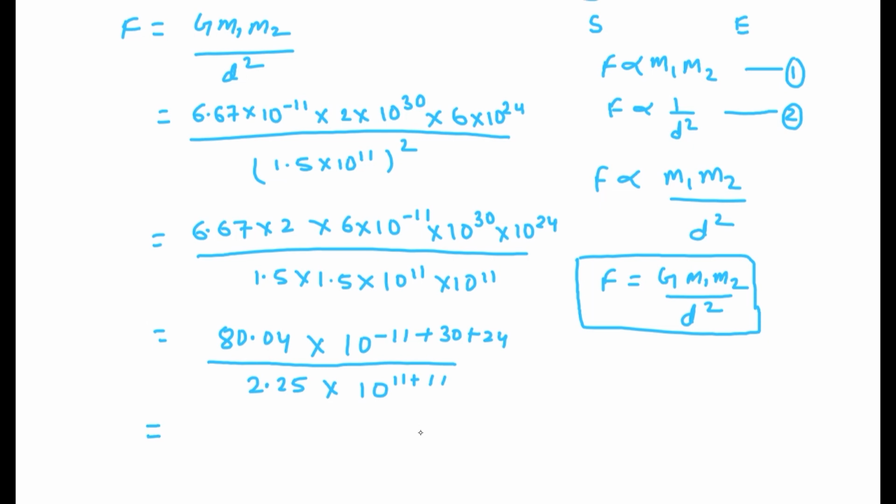Next, divide 80.04 by 2.25, and we get 35.577 into 10 to the power: minus 11 plus 30 plus 24 is 43, and 11 plus 11 is 22, so it becomes minus 22.